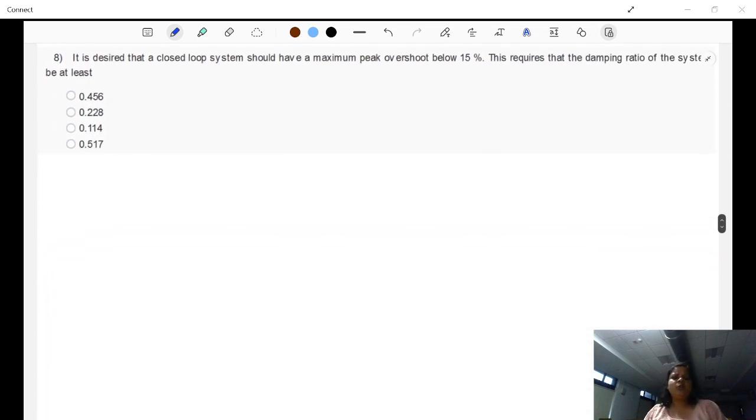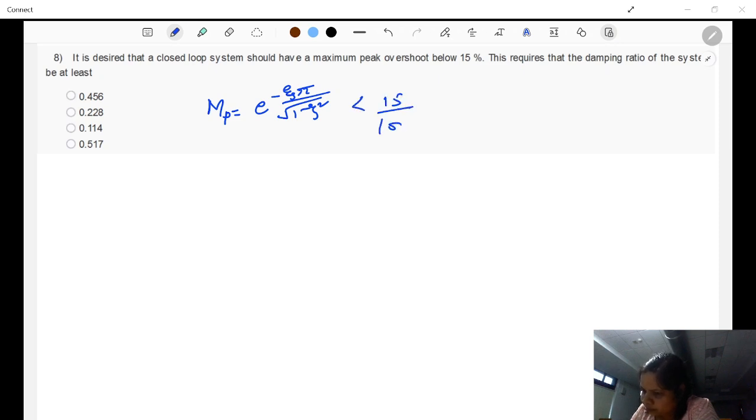This is a question related to the peak overshoot that we had also seen in the last class. So I hope you remember the formula. The maximum peak overshoot can be written as e to the power minus zeta pi upon under root 1 minus zeta square. But what we want is that it should be less than 15%.